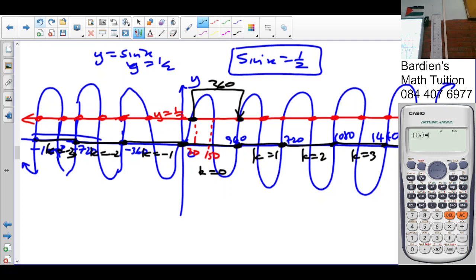If you look at the cycle, this was 30. This point here is 30 degrees later, 390. But how many degrees is 30 to 390? 360. How many degrees is from there to here? 360. From there to there? 360. And so on and so on.